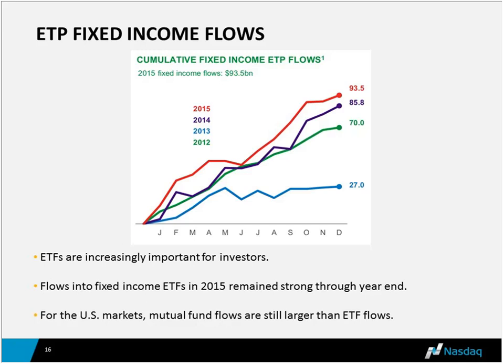The amount of money flowing into fixed income exchange traded products of all types slowed down. But it was still trending up, unlike what was happening in mutual funds, just not trending up as quickly as it was earlier in the year. And certainly these inflows are not big enough to offset what was coming out of bond funds in the second half of 2015.